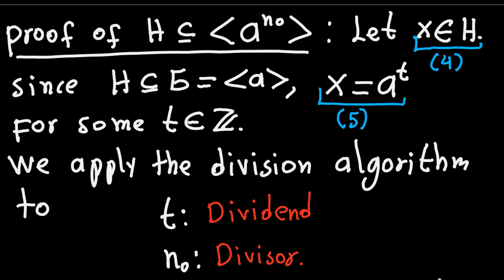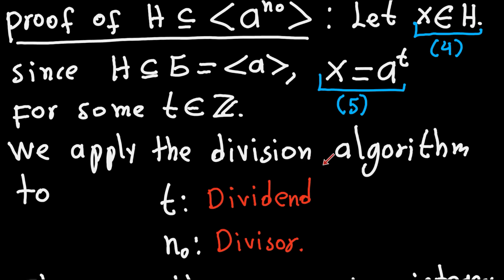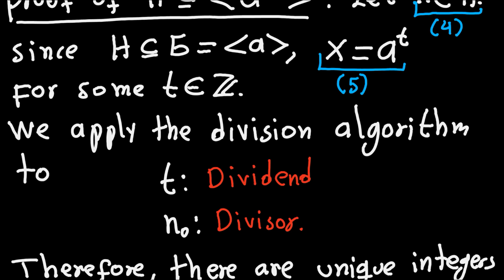Now, how do we do that? We're going to use the division algorithm between this integer T and n naught, which is a natural number. So we're going to use T as the dividend and n naught as the divisor. So we're going to take T divided by n naught using the division algorithm.